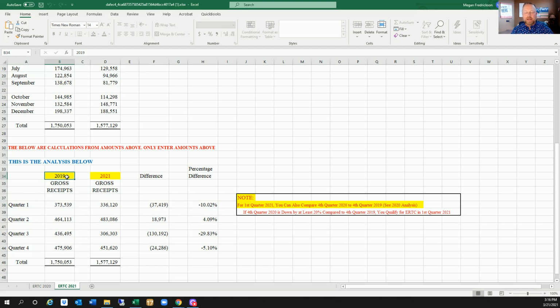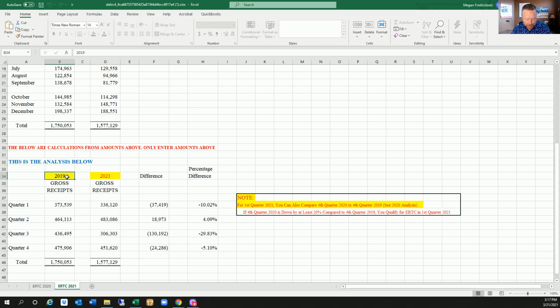If not, then the second test to determine if you qualify for first quarter 2021 is you get to compare fourth quarter 2020 to fourth quarter 2019. And if that calculation is that gross receipts are down at least 20%, then that qualifies the business for first quarter 2021. So there's two ways to calculate that.